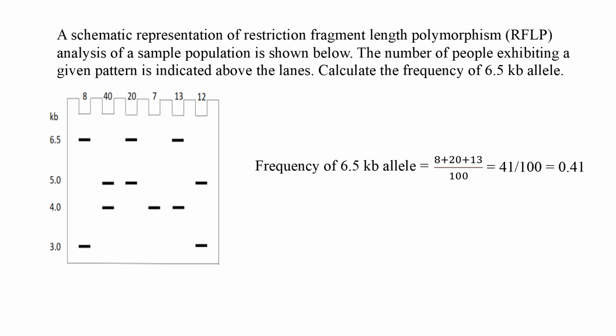So for frequency of 6.5 kb, you can see that the number of people that exhibit this allele are 8, 20 and 30. So you add the number of people who exhibit this allele divided by the total population, that is 100. So it comes out to be 41 divided by 100, that is 0.41. The answer here can be any value between 0.40 to 0.42.